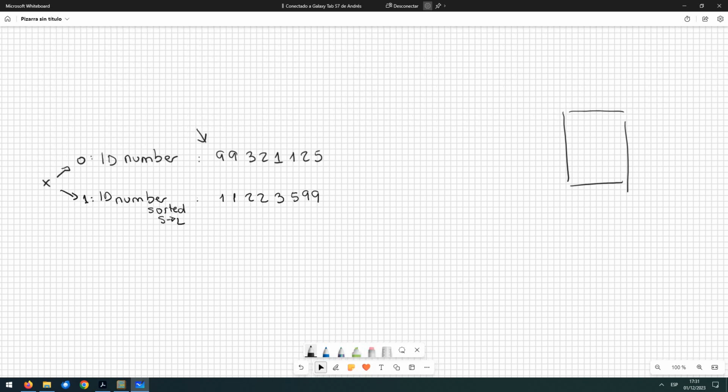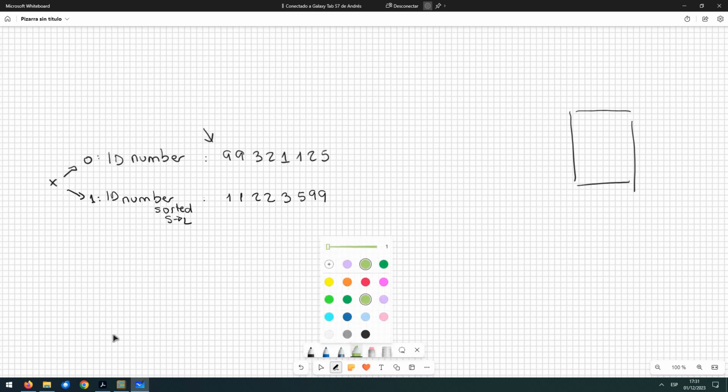We are going to have a 7-segment display, so we are going to generate a 9, after the 9 with the following clock cycle, another 9, a 3, a 2, a 1, another 1, a 2, and a 5. And now we start again with the 9.